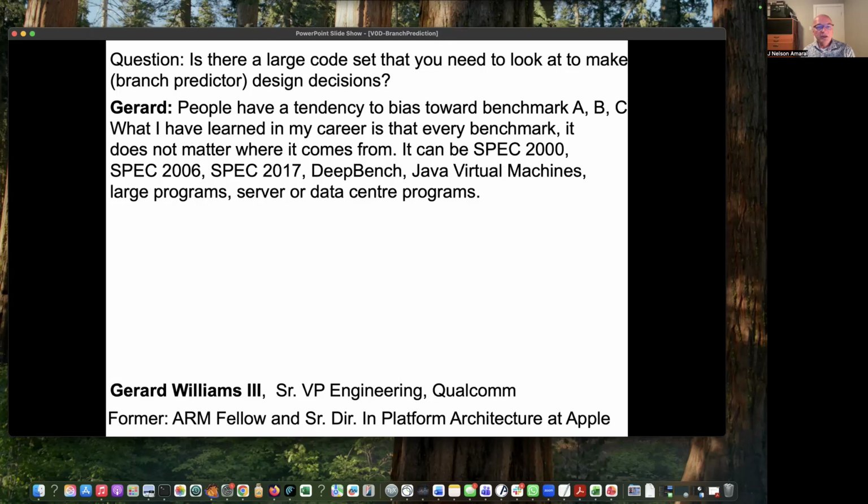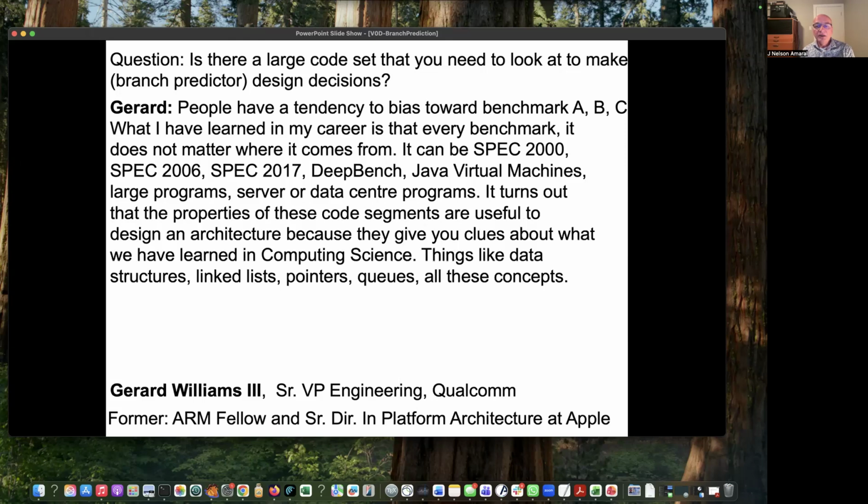It can be Spec 2000, Spec 2017, DeepBench, Java virtual machines, large programs, server or data center programs. What he says is that the properties of these code segments are all useful to design an architecture because they are always giving clues about what we have learned in computing science.